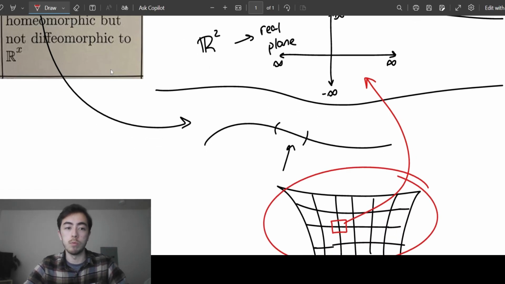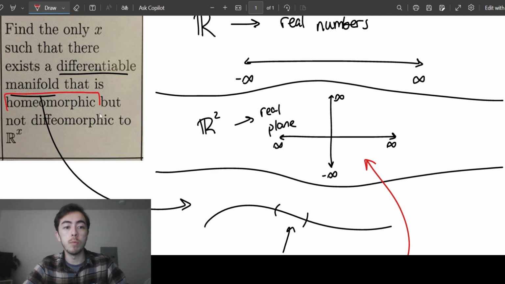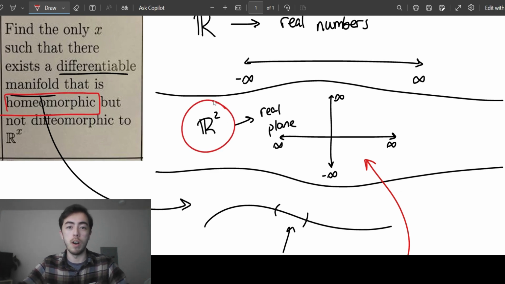Then not only is it a manifold, but it is homeomorphic to our R squared or R2. I might be saying that wrong. I actually don't know the right way to talk about these superscripts. I'm just going to keep calling it R1 and R2, maybe R3 if I want to talk about the third dimension there.